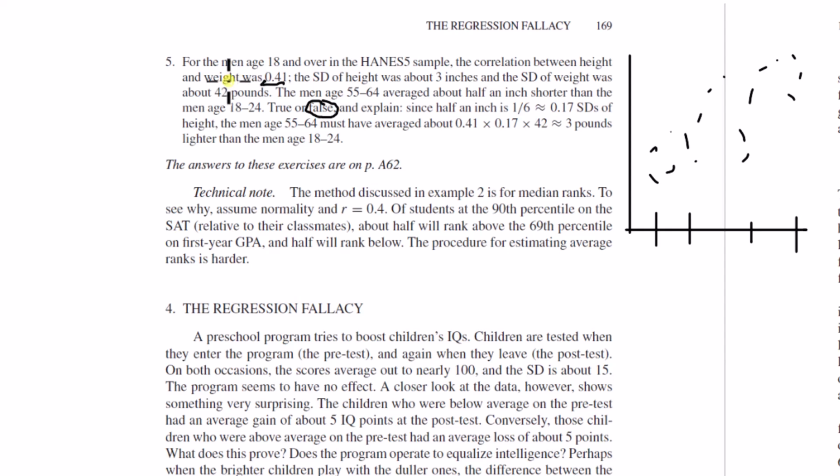Well, this is the correlation between the height and weight of men. But this half an inch shorter was based on the ages, men age 55 to 64 versus the men 18 to 24. So the correlation coefficient has nothing to do with age. So no, you can't do this. So false.